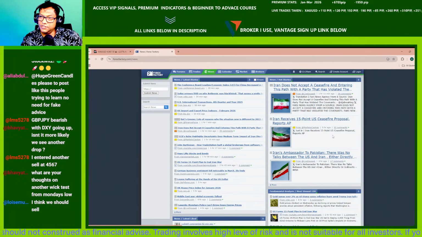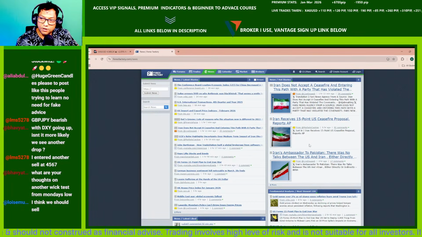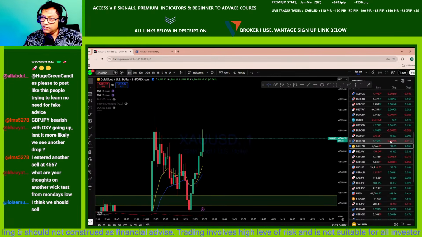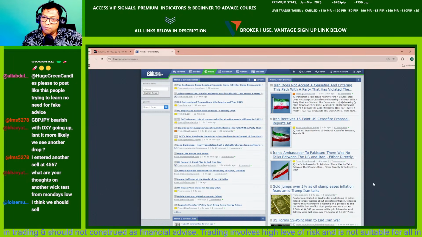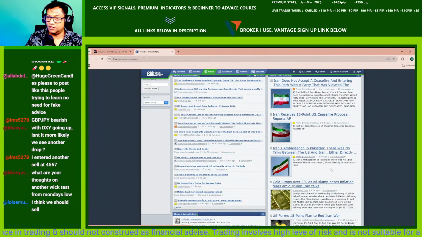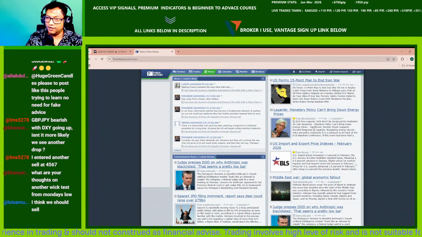So sentiment is showing gold. If we look at the XY, there is a mixed way of moving. In fact, if you look at the market, it is now mostly governed by the breaking news.